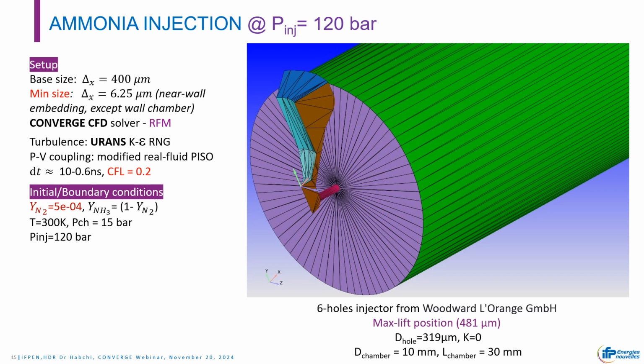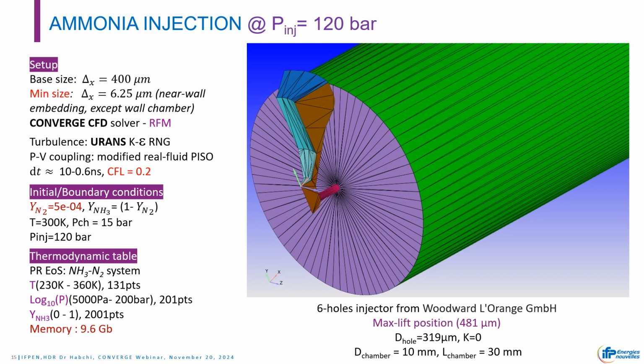So the initial temperature is 300, the pressure 15 bar, and the injection pressure is 120 bar.